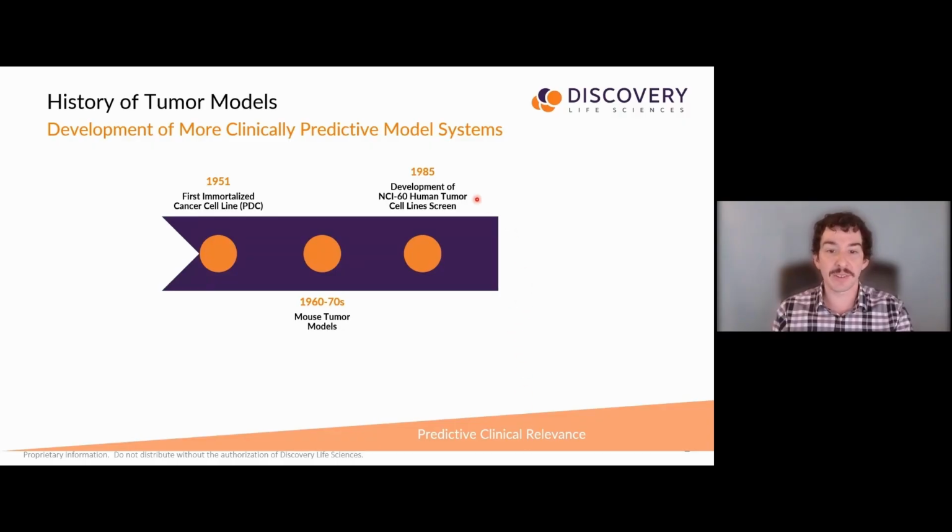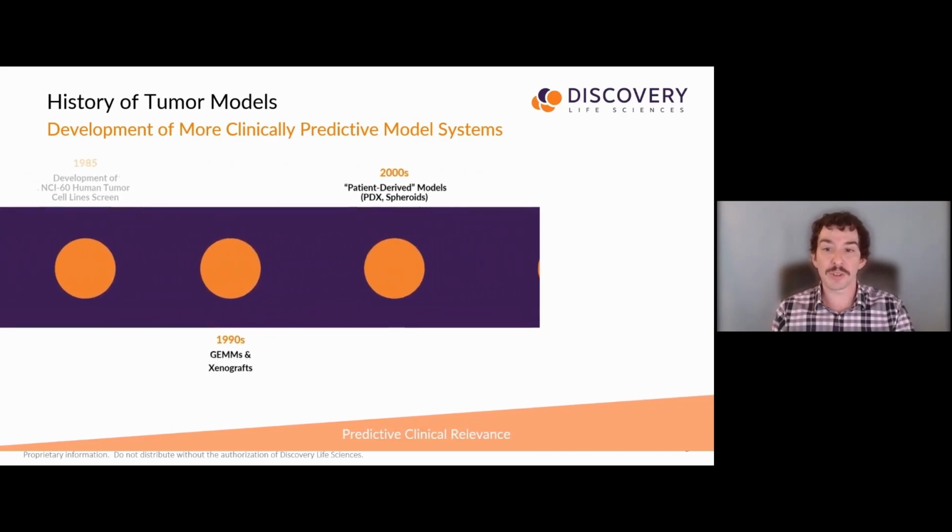Then in the 1980s, we saw the birth of the NCI 60 human tumor cell line screen, which is a panel of 60 diverse human cancer cell lines used by the National Cancer Institute to serve as a standardized platform for evaluating anti-cancer activity of potential therapeutic agents and allow testing across multiple cancer types. So it was really empowering after the development of those immortalized cell lines into something stronger. But still, while it was a leap for the field, they were still limited by those 2D cell culture methods that they were using.